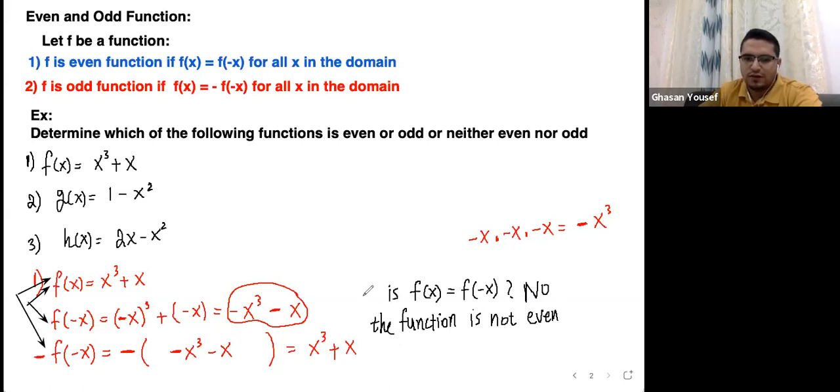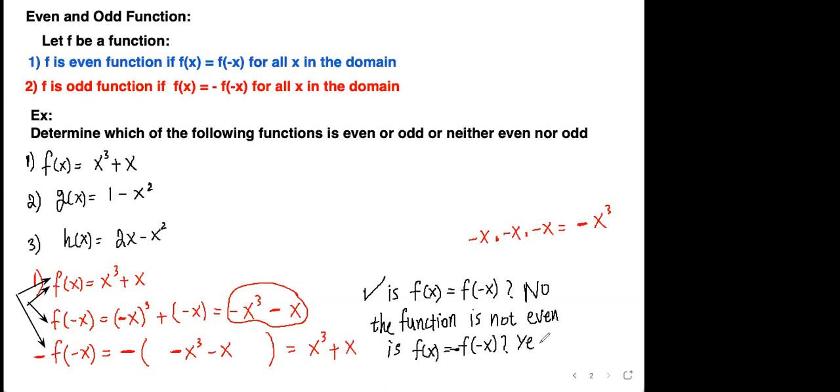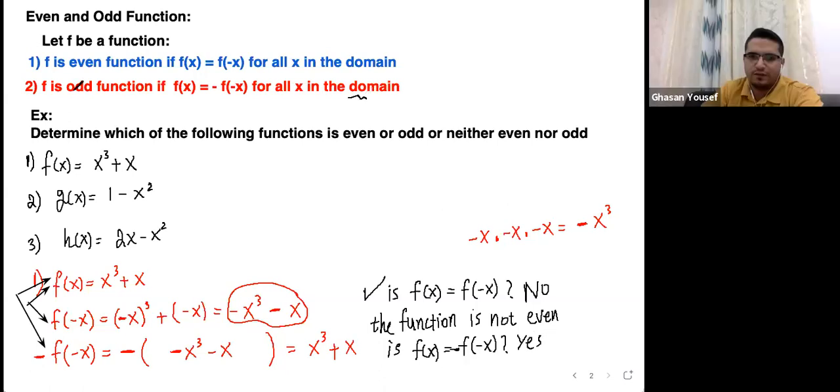Now you have to ask yourself the second question. Is f of x equal to minus f of minus x? Is this one equal to this one? x cubed plus x? Yes. So the answer is yes. So this means the function is odd. Here, the function is an odd function.